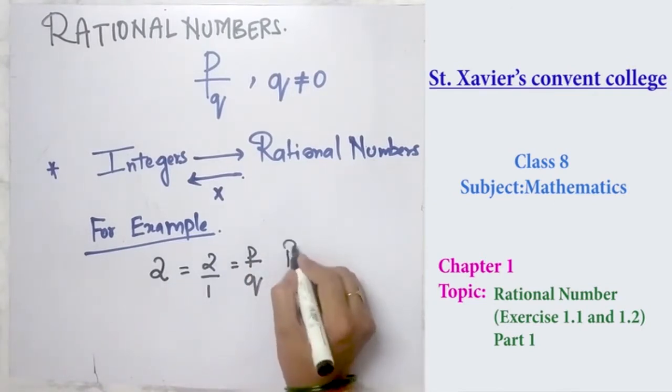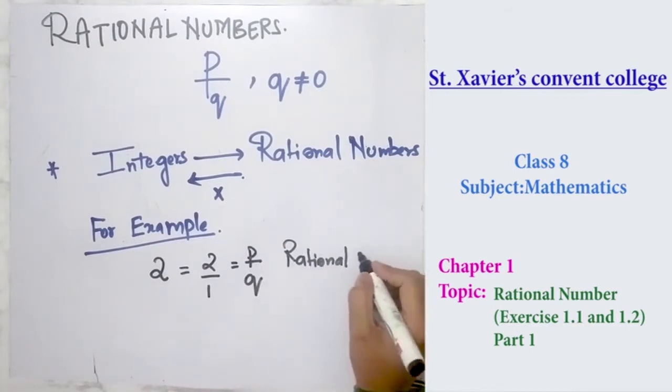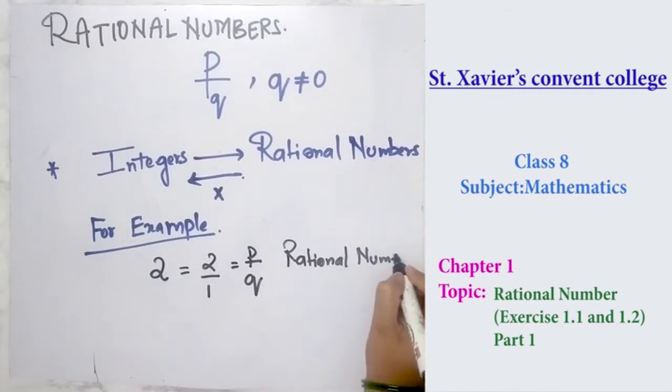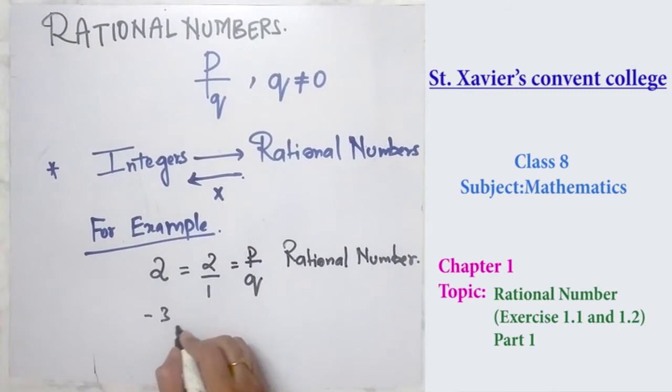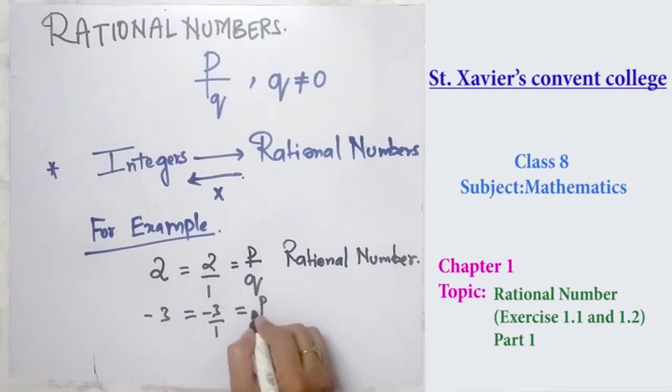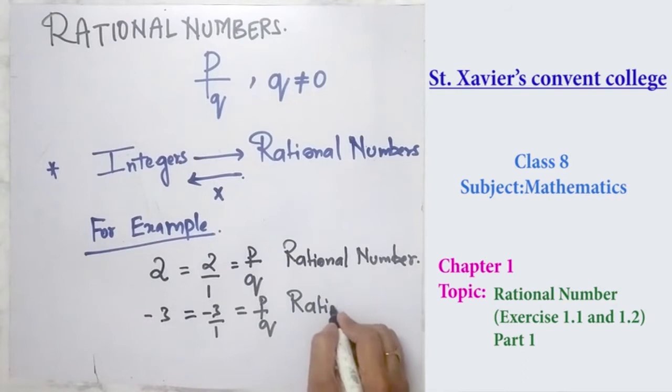It means it is a rational number. Similarly, I have minus 3, so I can write minus 3 upon 1. Again it is in the form of P upon Q, and again it is a rational number.